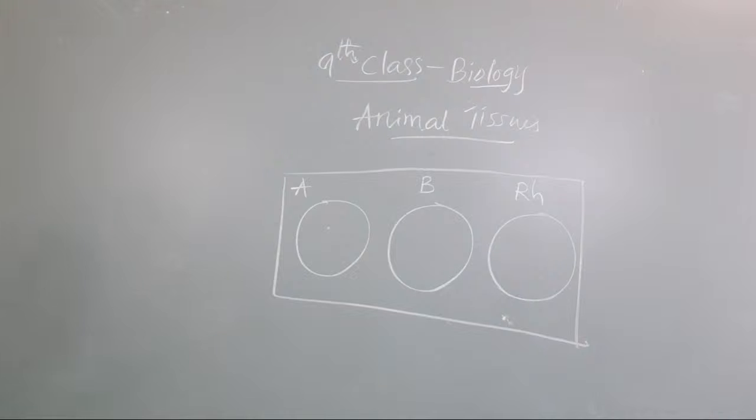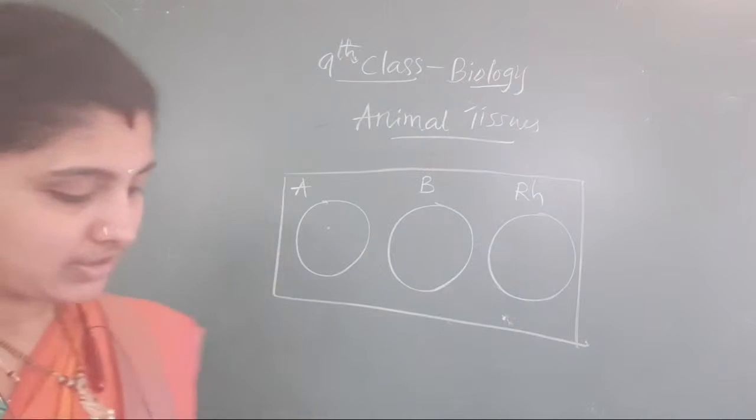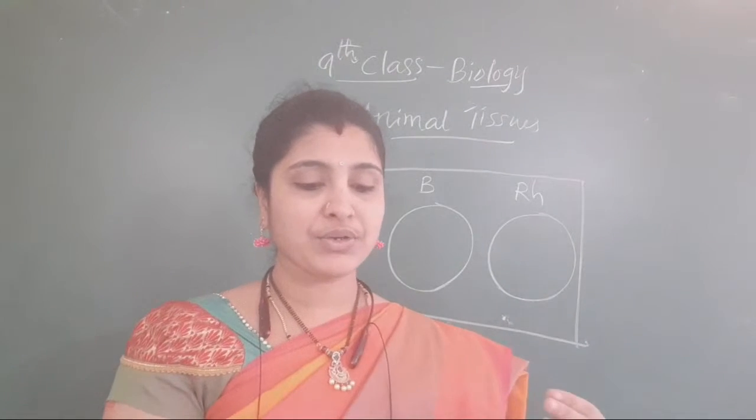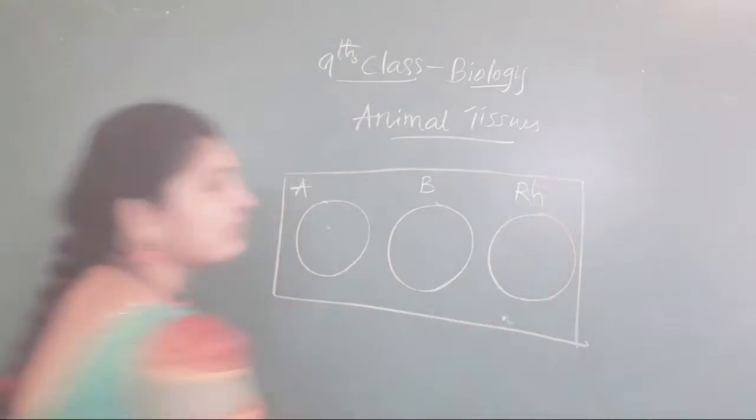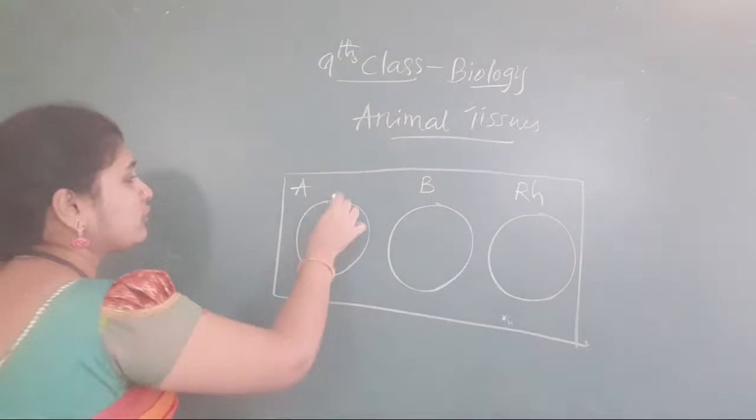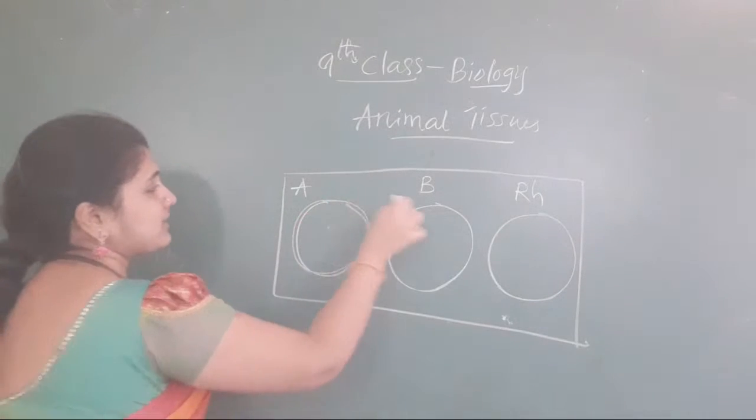A, B, RhD. So you are asked to take one porcelain plate. This is one porcelain plate. With the help of a wax pencil, you have to draw 3 circles like this.